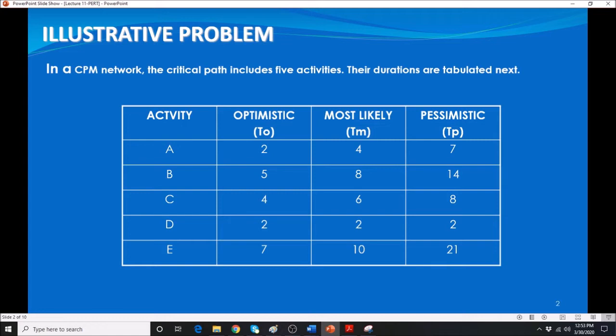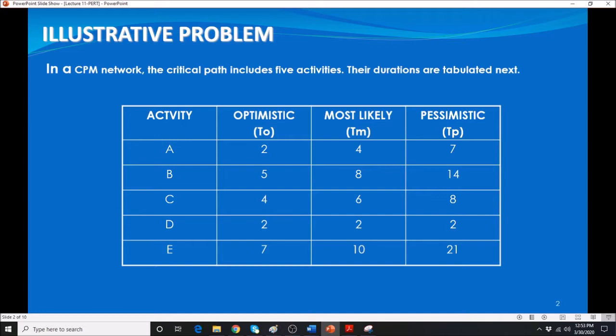And then we have the variance, that is delta or sigma subscript small e, which corresponds to standard deviation. And we also have sigma with the subscript capital E, which corresponds to the standard deviation for the entire project. And we also have the variance that we will be calculating.